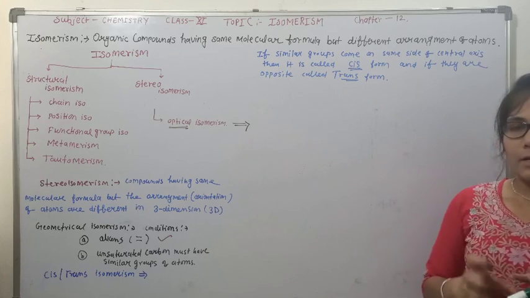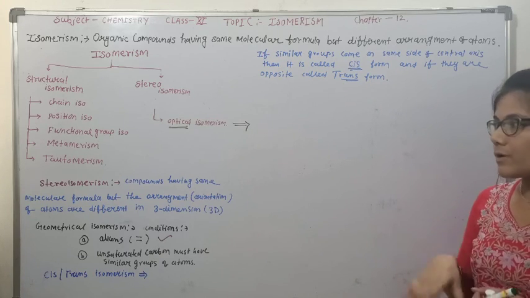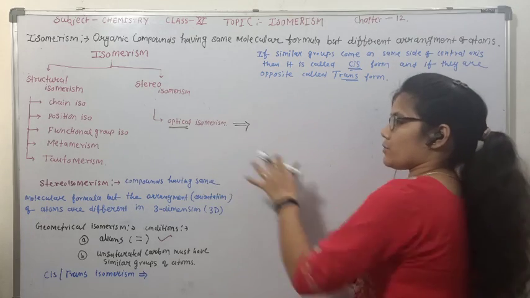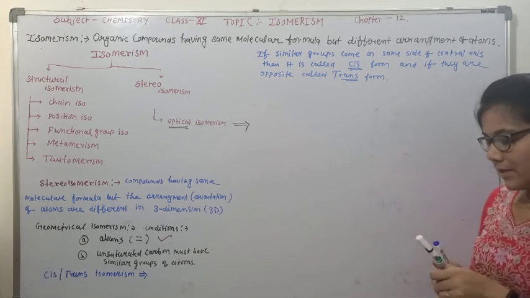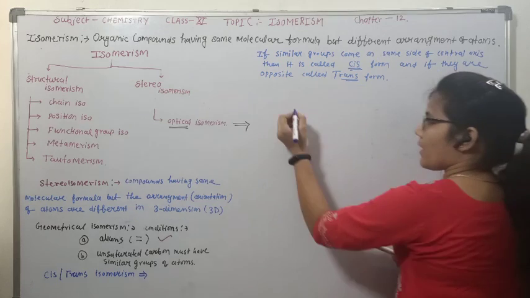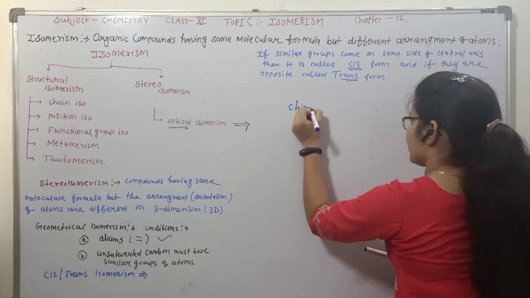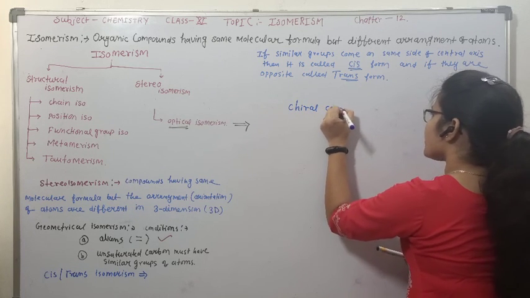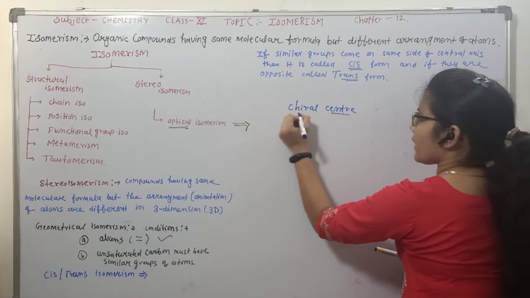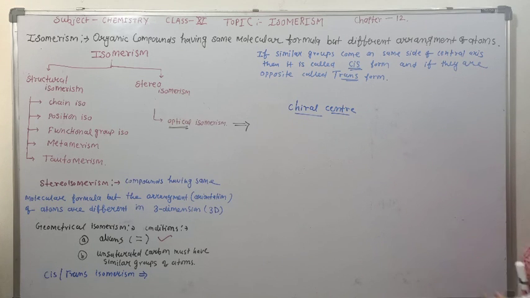That is called the optical property of compounds. Optical isomerism is possible in compounds which have a chiral center. The first point is that a compound having a chiral center shows optical isomerism.